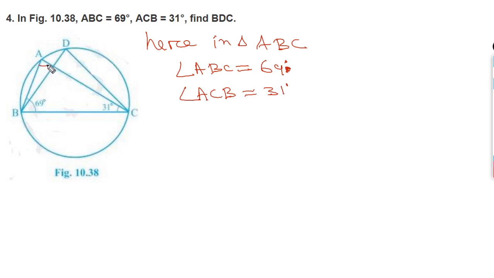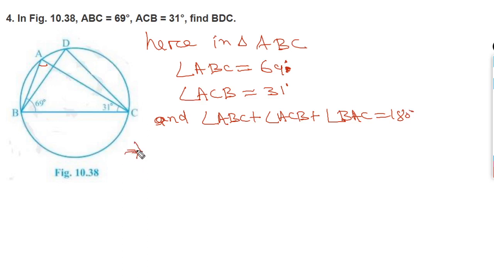We have to find this angle, and we know the sum of the three angles is 180 degree. Just write it. Angle ABC plus angle ACB plus angle BAC equal to 180 degree, implies, but it is given to us, two of the angles are known to us.